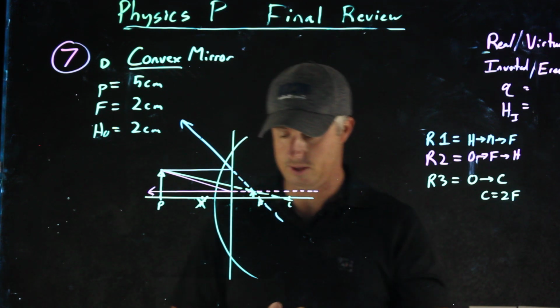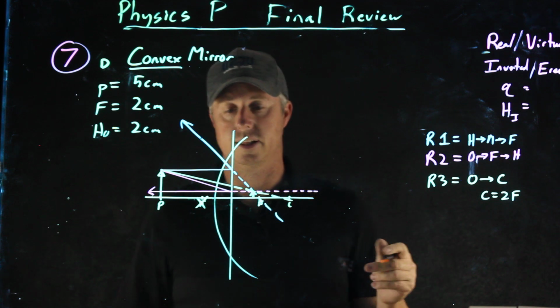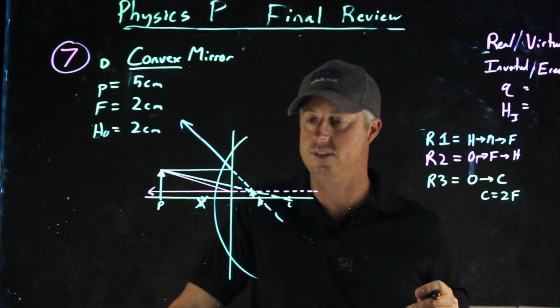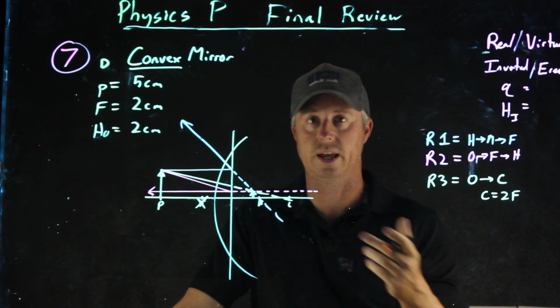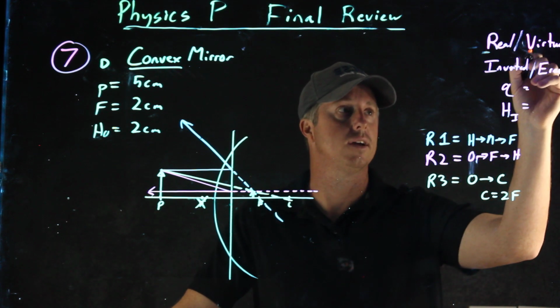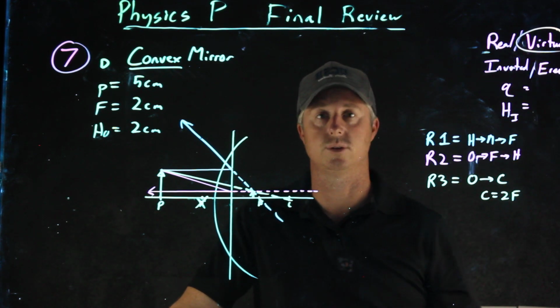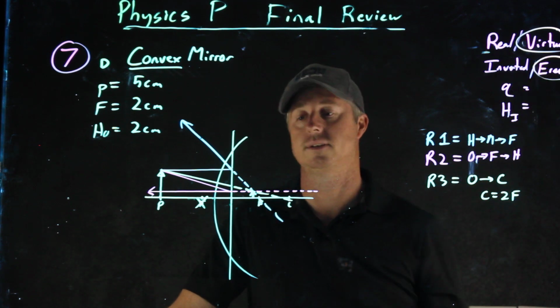Okay? So, let's go to our answers over here. Let's see, is it a real or virtual image? Well, it's on the side where light never gets to. It's dotted lines, meaning that's not the real beam of light. The answer is virtual. It is the same direction in it, so it is erect.